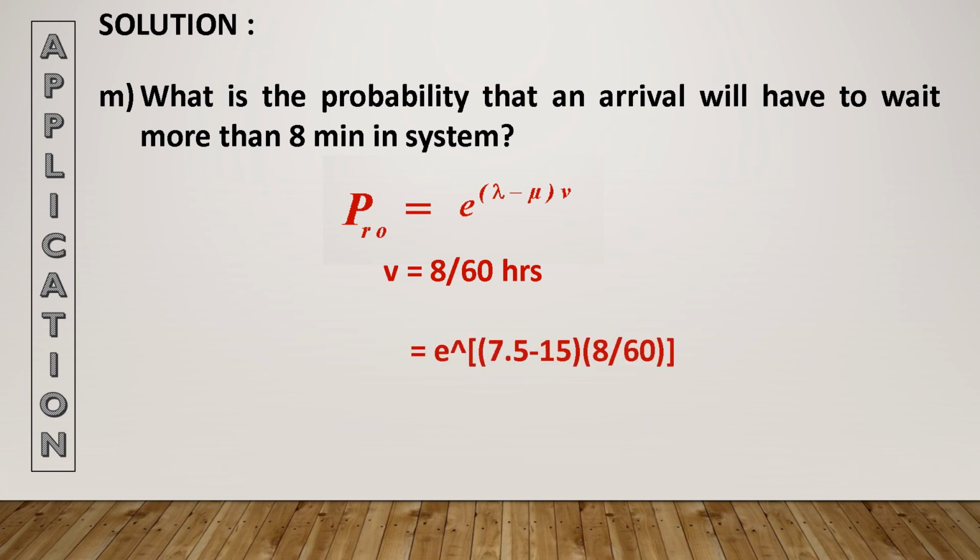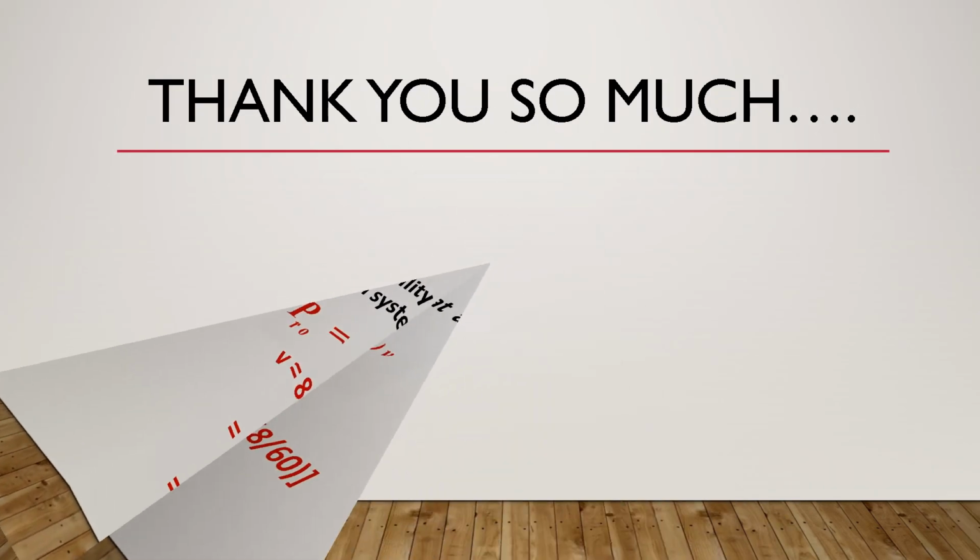So the formula will be e raised to the power of 7.5 minus 15 multiplied by 8 over 60, which is equivalent to 0.367 or 36.7%. Again, we need to use a scientific calculator in solving this formula. So the probability that an arrival will have to wait more than 8 minutes in the system is 36.7%.